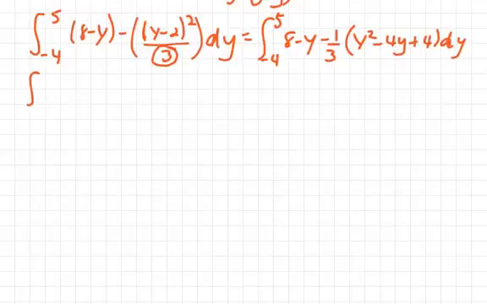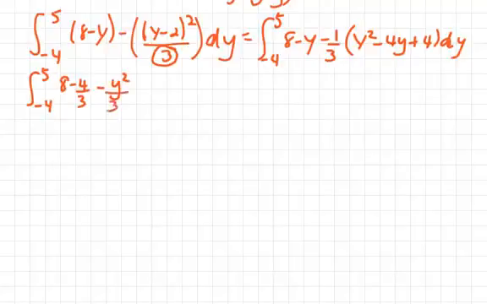So now I'm going to continue to clean this up algebraically and combine terms, right? And I end up with, I'm just going to move the constants together, 8 minus 4/3. I'm going to just collect the like terms. Then I get a minus y squared over 3, and I get a 4/3 y minus y dy.